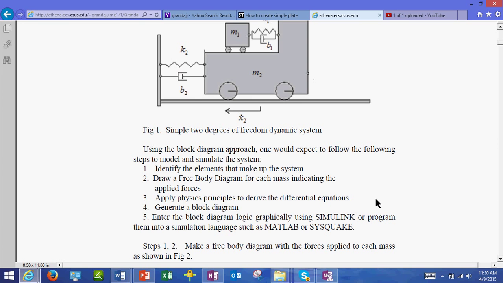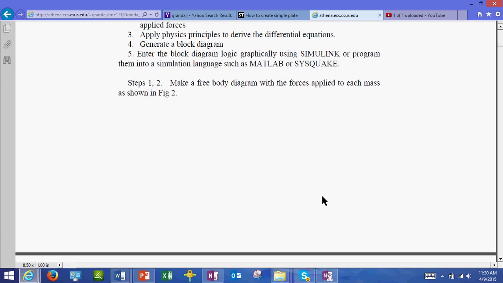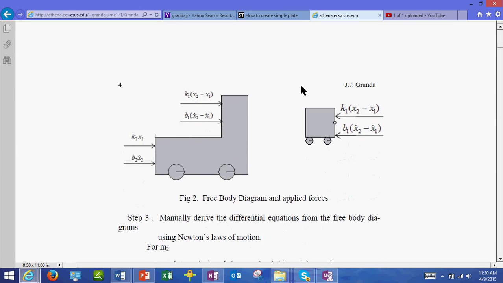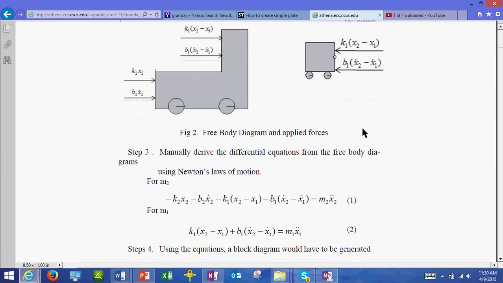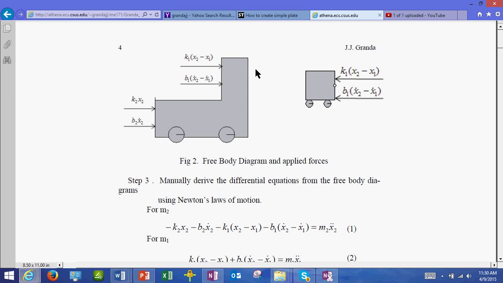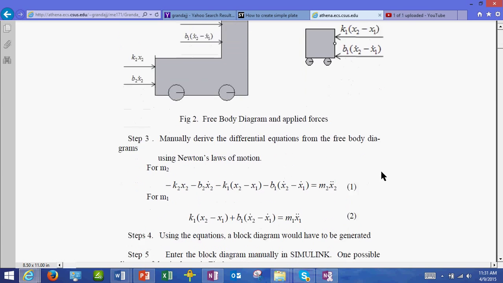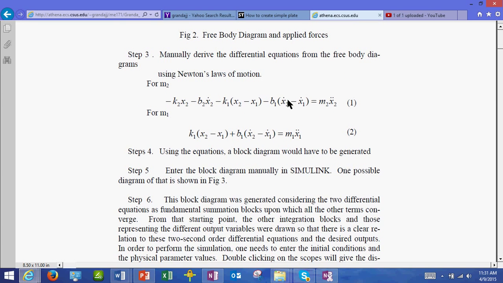Okay, so here we go. We do the free body diagramming here, and then put the forces on it, and then we write the two differential equations like this. No problem.